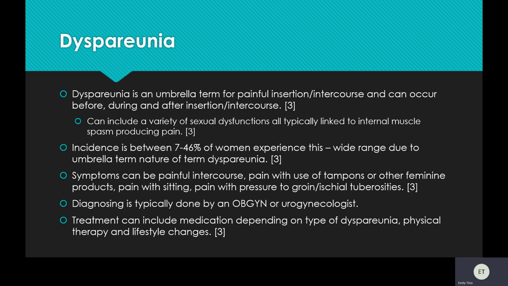So the big thing with dyspareunia is that we have to figure out why there's an internal muscle spasm that's producing the pain. It can be because of pulling a muscle, just like you could pull a hamstring.